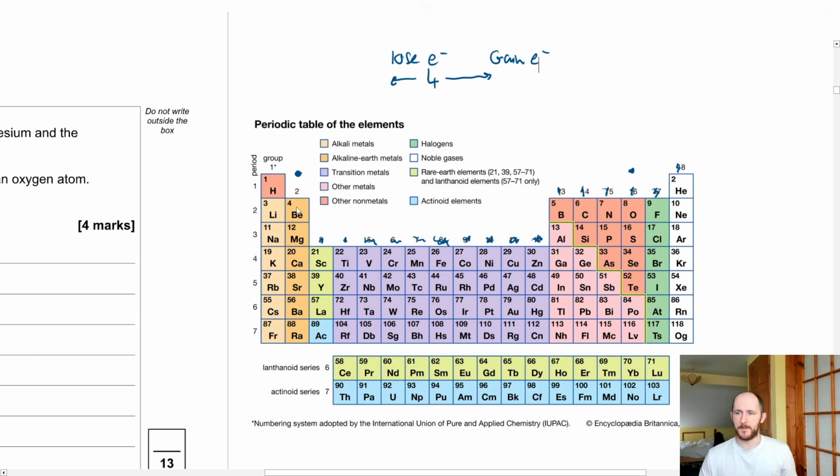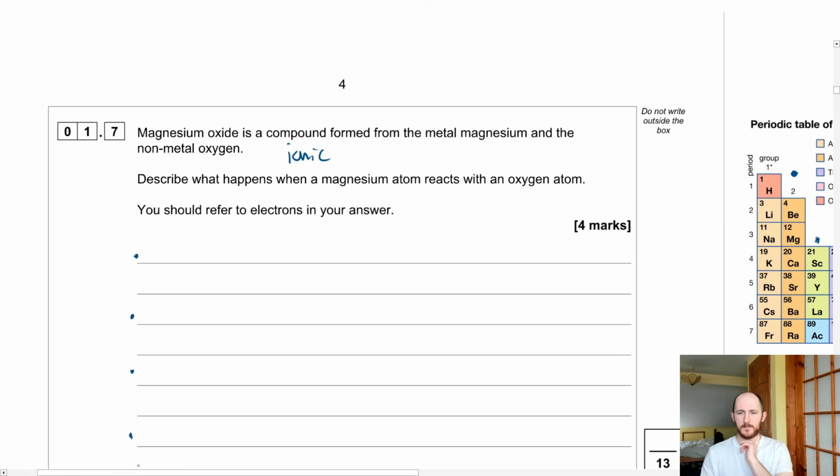It's way easier. So what happens in group 4? Well, normally they just do covalent, so they share, but they effectively don't really care. So they could lose, they could gain, because it's equally as challenging either way. So, in this case, oxygen will lose, magnesium will gain. That's what we need to do. Mg gains electrons, O loses electrons.